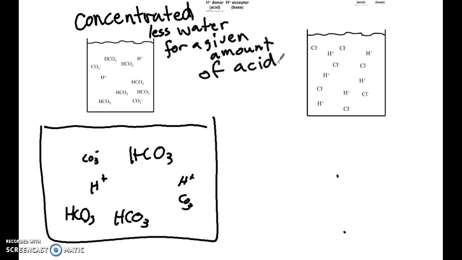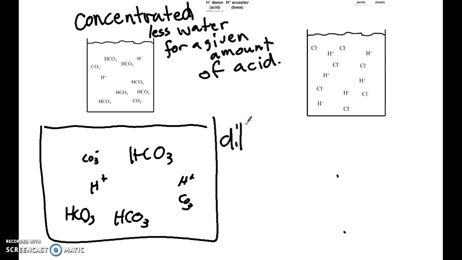Now we would measure that in moles, molarity, and molar and stuff like that. We're not going to worry about that. Just know that if there's less water for a certain amount of acid, like up here in this one, then that's going to be considered more concentrated. If you water it down by adding more water, now there's the same amount of acidic ions, H positives, but they're spread out over a bigger amount of water, then they are going to be more diluted.